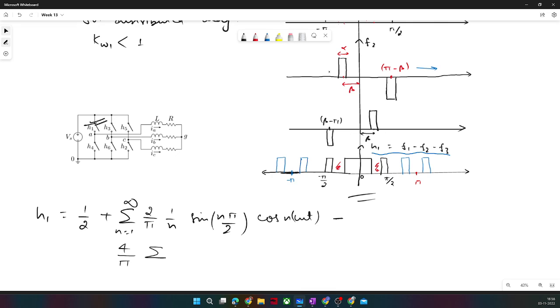This F2 waveform is similar to the waveform we derived for the output voltage of single phase voltage control with phase shift. So that's why I told you there that you can make it a reference Fourier series or reference waveform. Otherwise, you can calculate, but it will consume a lot of time.